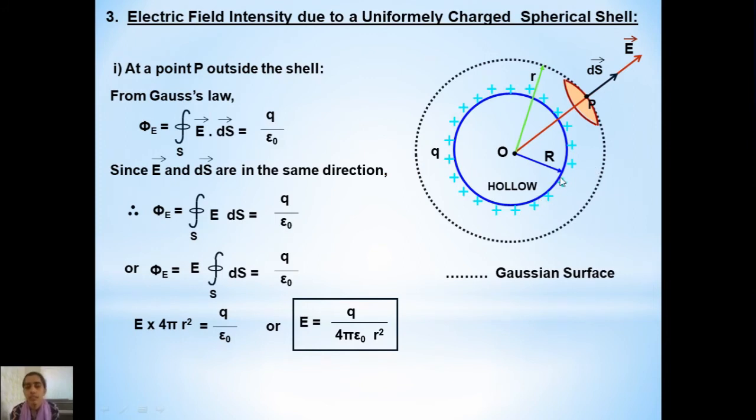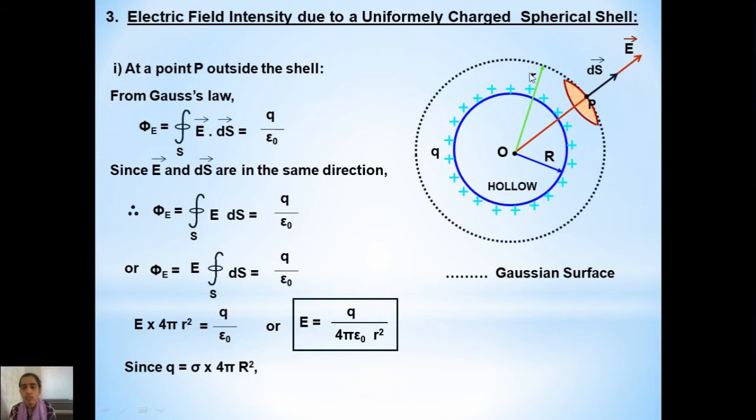So if we express this total charge in terms of surface charge density, we can write it as Q is equal to sigma into 4 pi R square. We have already discussed how this came in the previous session, right? When charge is distributed over any surface area, we can express it in terms of surface charge density. Surface charge density means charge per unit area. So here the area is the surface area of the sphere, that is 4 pi capital R square.